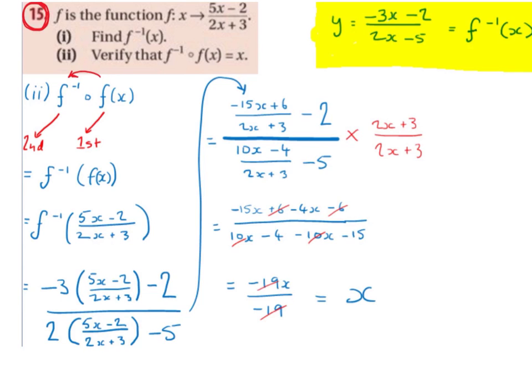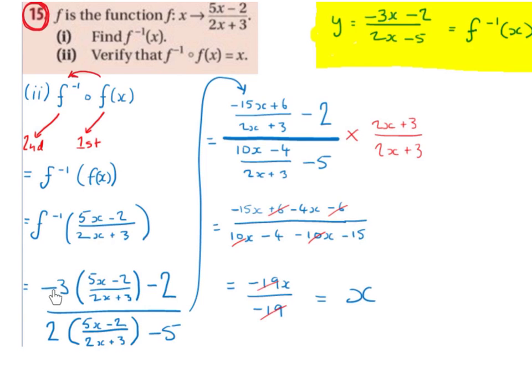So our inverse function that we got from part 1 was y equals (minus 3x minus 2) over (2x minus 5). So we're going to swap both of those x's for our original function, which is (5x minus 2) divided by (2x plus 3).